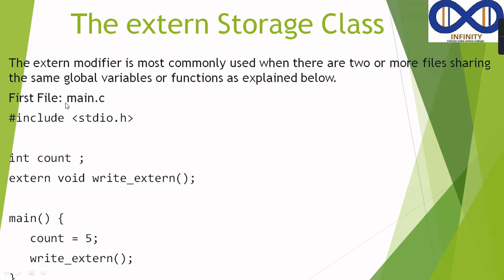In the first file, main.c, saved in C, you include the stdio.h header file, and declare int count, which counts the variable. Then extern void write_extern(); and then the main function starts, with count = 5, then write_extern(); and the closing of the program.